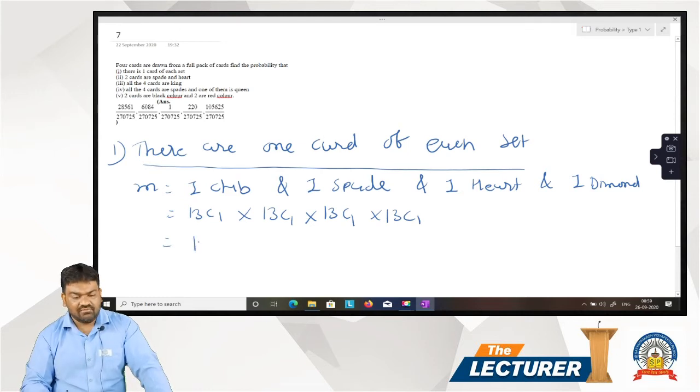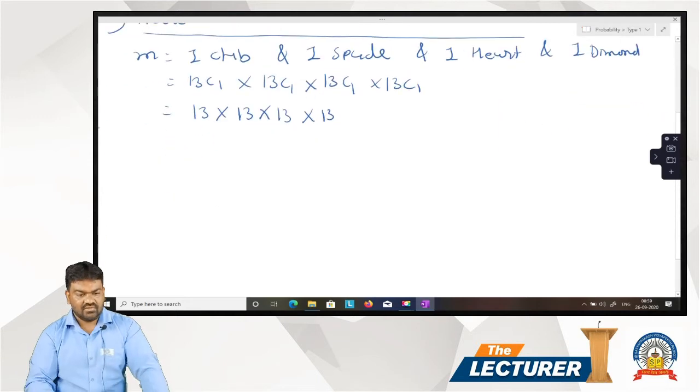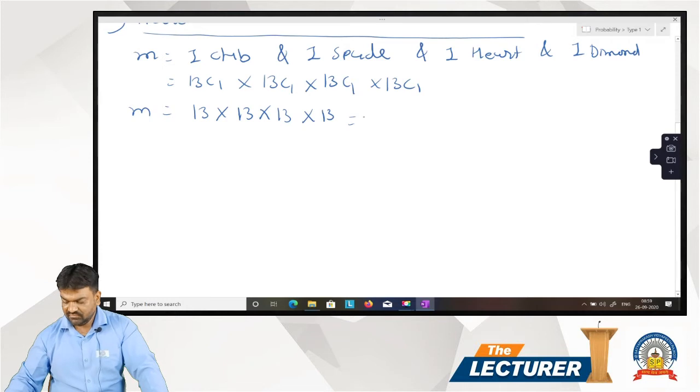So 13C1 is 13, four times. 13 multiplied by 13, 13 multiplied by 13, that is 28561.